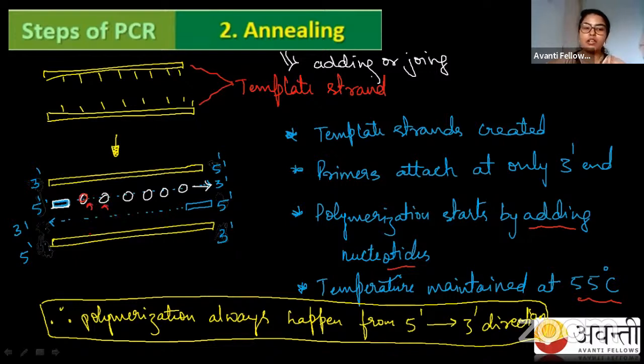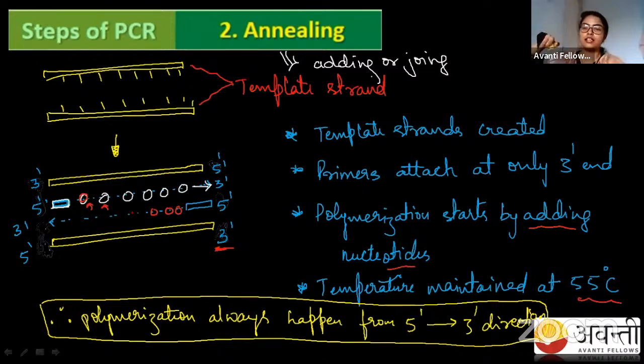The same thing happened in the opposite strand. Okay, primer attaches at the 3' end, and the nucleotides are started to join. Okay, and always remember, this polymerization, it happens in the particular direction. Which is that direction?